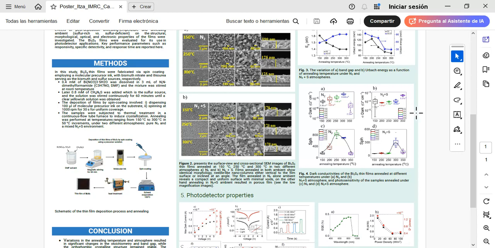The electrical conductivity of the samples annealed in both atmospheres was found to increase with annealing temperature. The initial improvement in the conductivity could be due to the complete removal of the solvent DMF from the films. The samples annealed in nitrogen plus sulfur atmosphere exhibit higher electrical conductivity compared to those annealed in nitrogen.